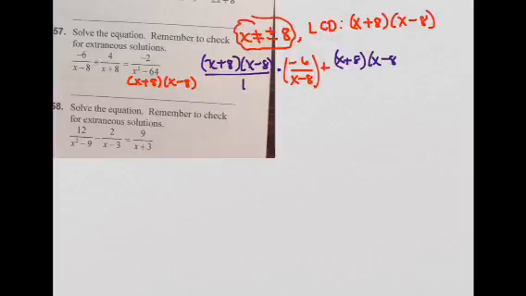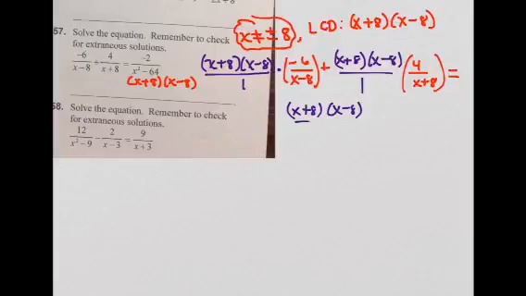I'll do the right side on the next line just because I'm running out of room. Equals x plus 8 times x minus 8 times negative 2 over x plus 8 times x minus 8.